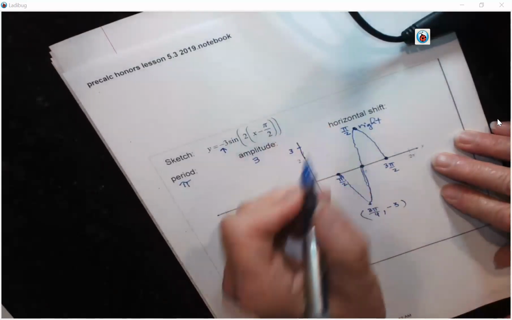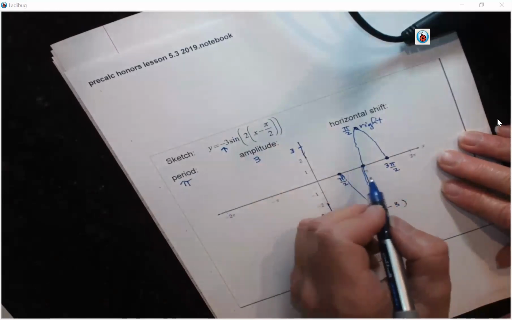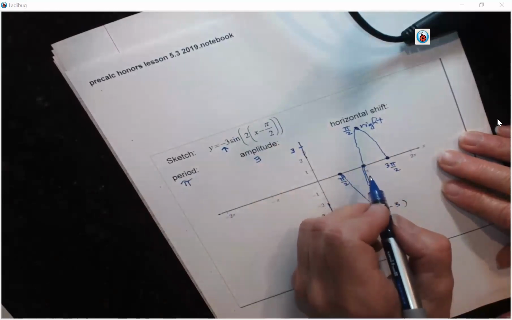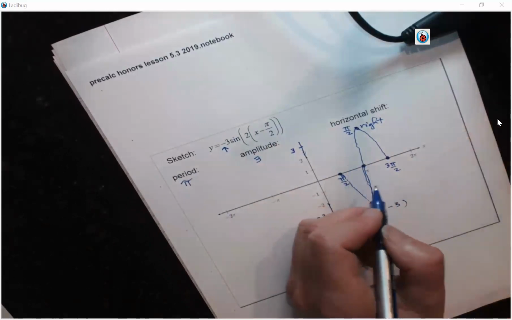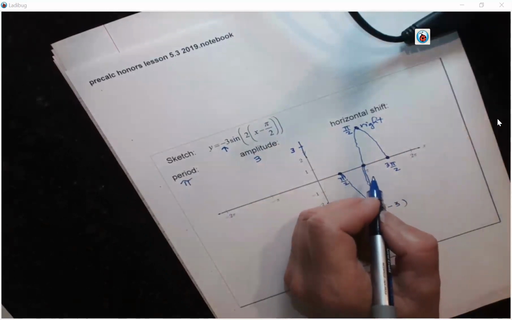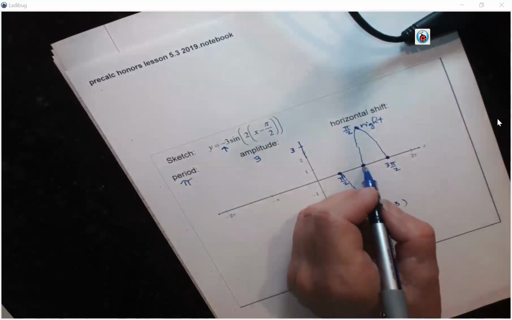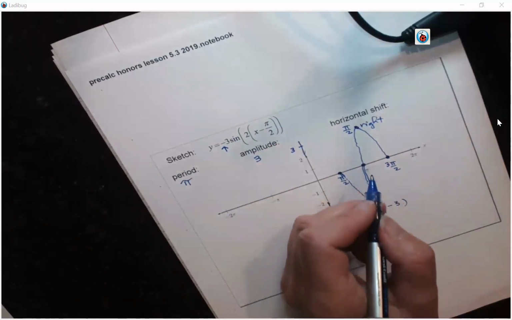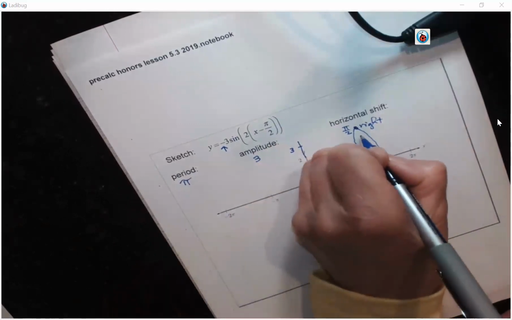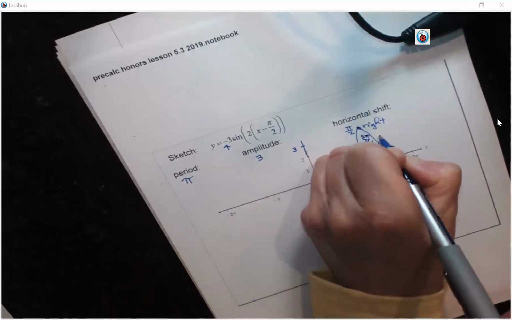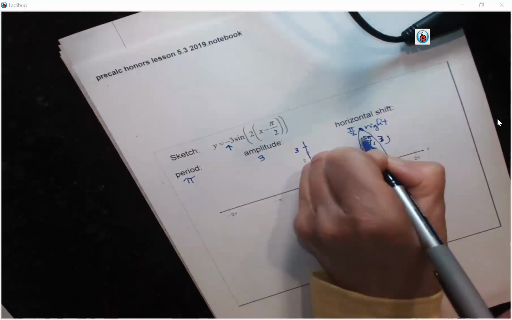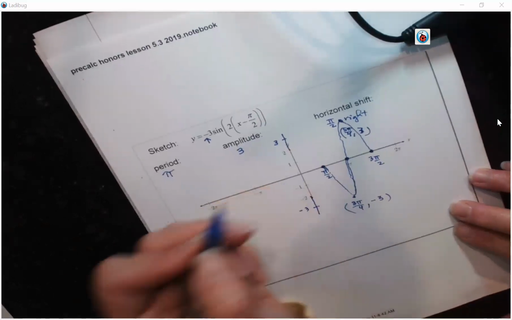And this point up here, its x-coordinate is between pi and 3 pi over 2. Okay, so how do we find that? Well, that's going to be 5 pi over 4, because it's pi over 4 past pi. So 5 pi over 4 and +3. Okay, so we've got one cycle.